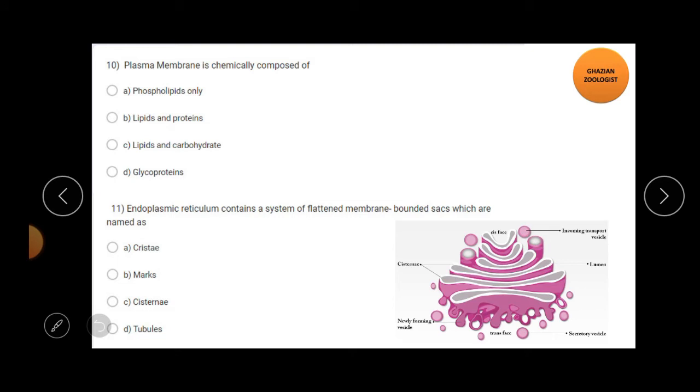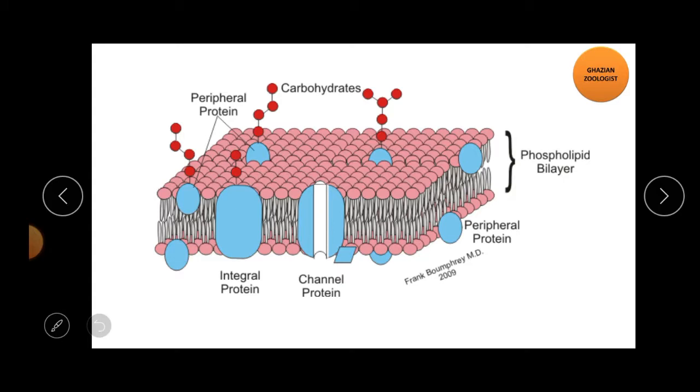Our next option is, plasma membrane is chemically composed of. If we talk about the fluid mosaic model, it says that there is a lipid bilayer in which the protein molecules are embedded. We mostly talk about two things: a lipid bilayer between which proteins are embedded.